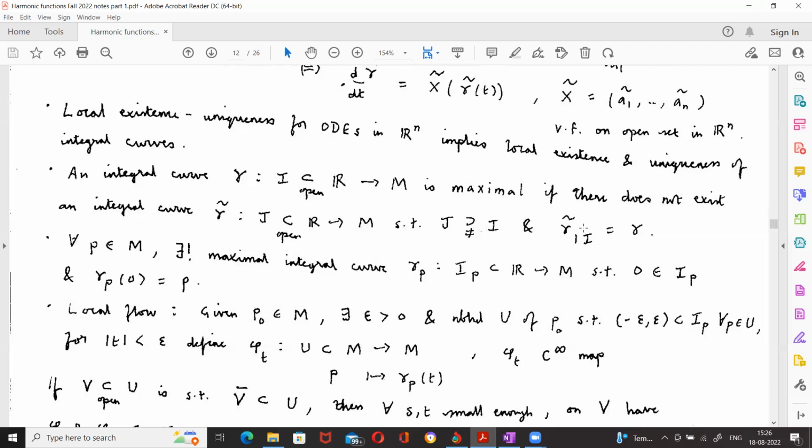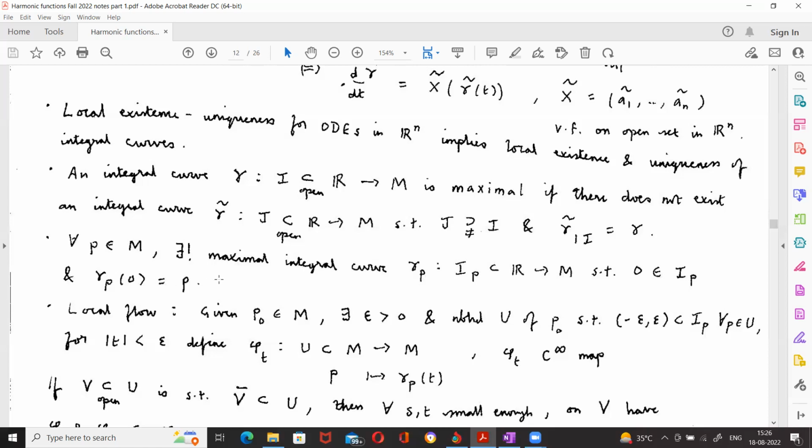And then, like you show for vector fields in Rn, the same argument, which is just an abstract nonsense argument really, will tell you that for any point P in the manifold, there is a unique maximal integral curve, gamma P, defined on a unique maximal interval IP, which contains 0, such that gamma P of 0 is equal to P. All right.